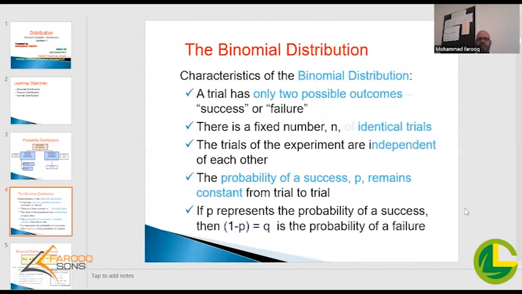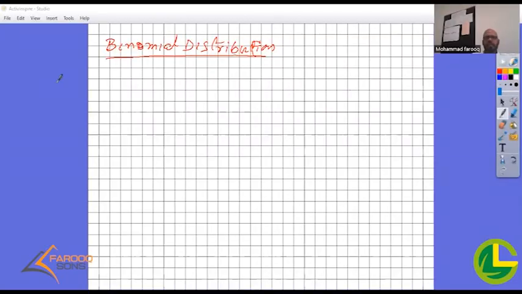Number one, when you're throwing a dice, you have only two outcomes, success and failure. If I explain more on the other board, then you can understand. In binomial distribution, X follows binomial distribution which has two parameters. Again, I taught you what a parameter is.